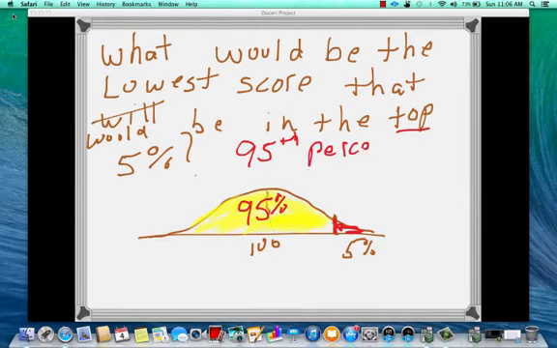All right, we'll do this. We'll set up the formula again. Z equals x minus x bar over standard deviation. So change that 95% to a decimal. We would get 0.95.